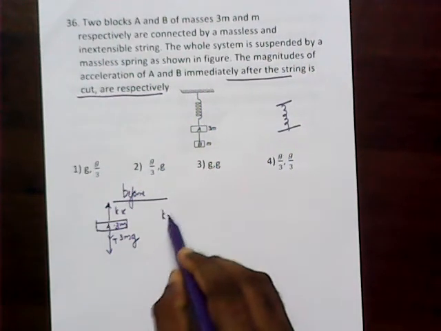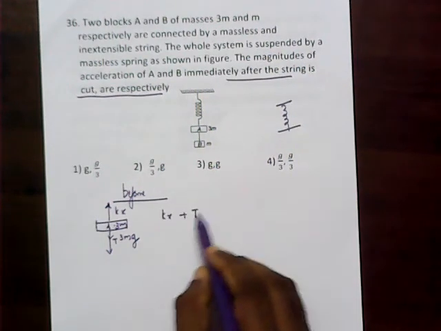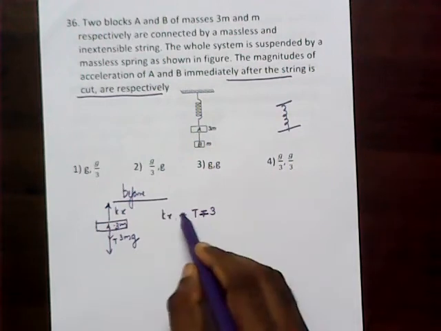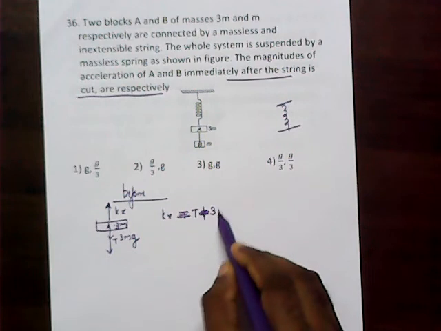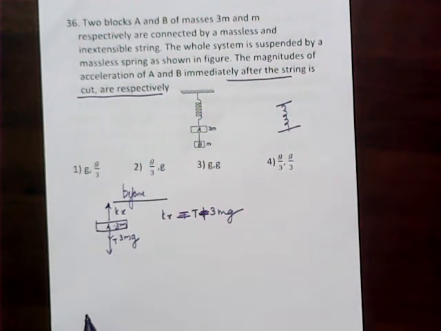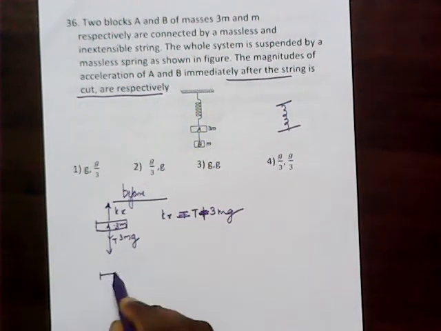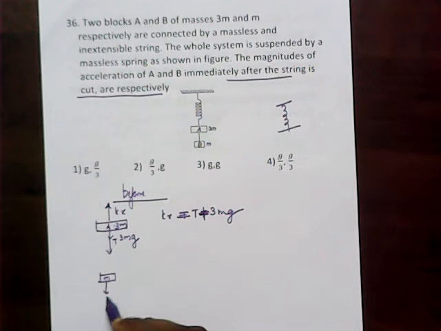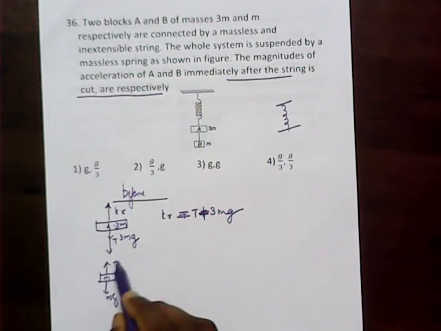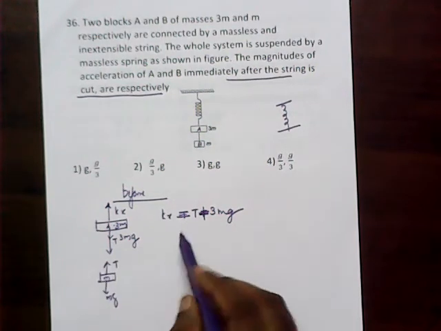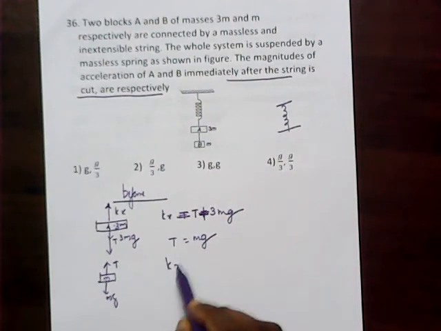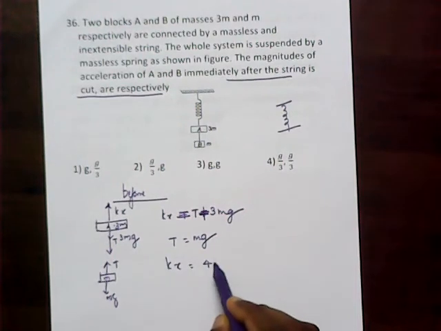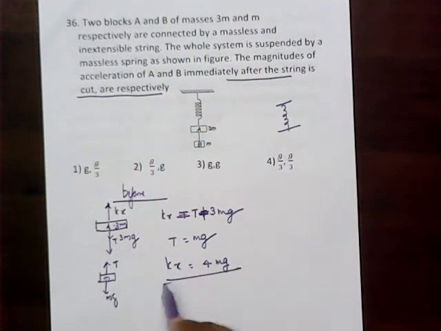Hence kx equals T plus 3mg. And what about the next one, m? Its weight mg is acting downward, and the tension in the upward direction, so T is equal to mg. So we get kx equal to 4mg. That is a very important concept.